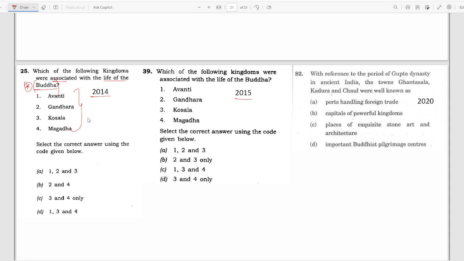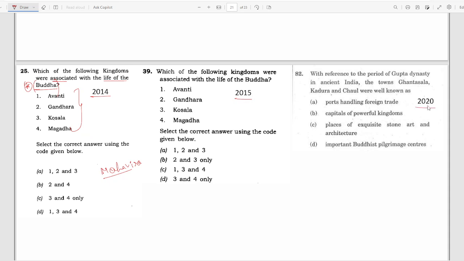So now they have asked you about Buddha, they can ask you about Mahavira also. Now they have asked about the life of Buddha, they can ask about the life of Mahavira. And then the questions had repeated.